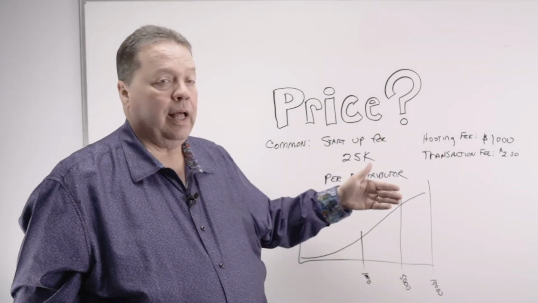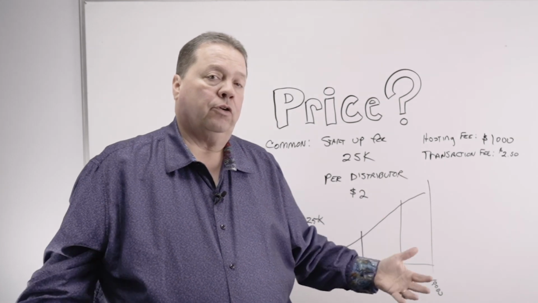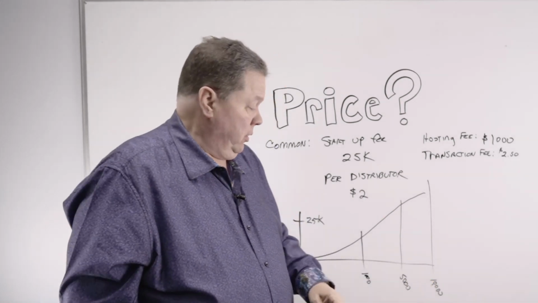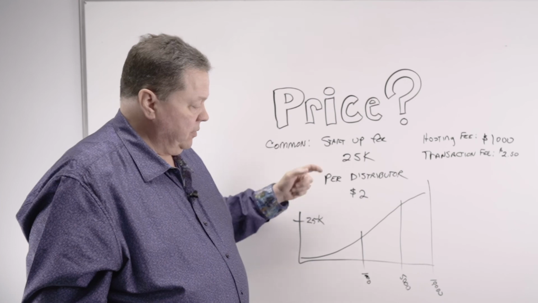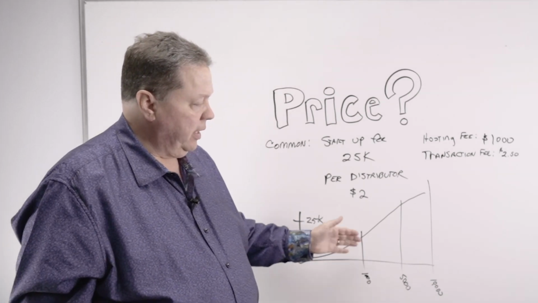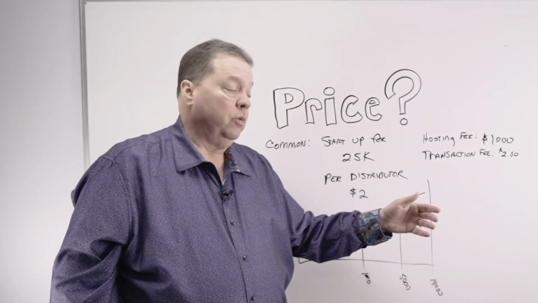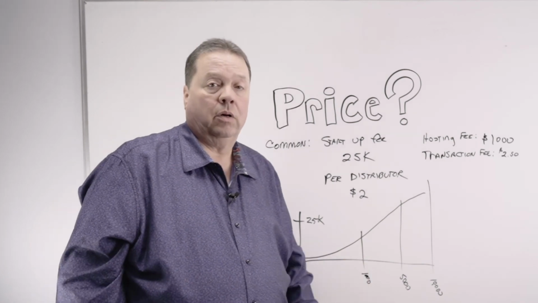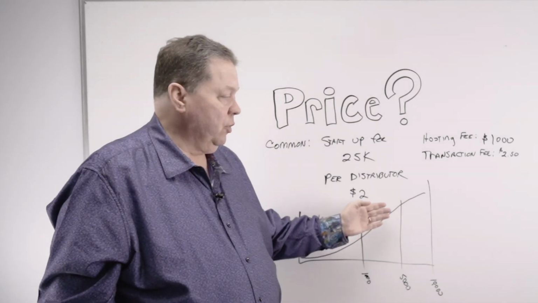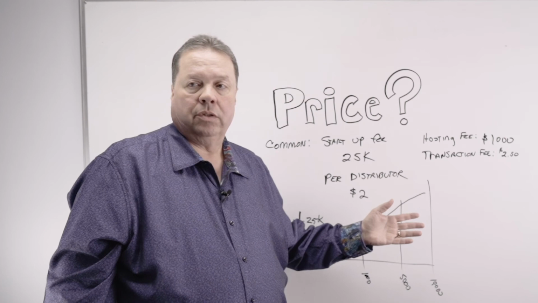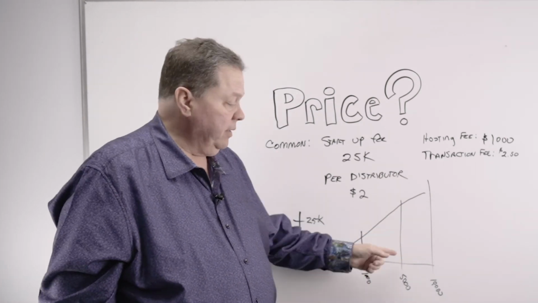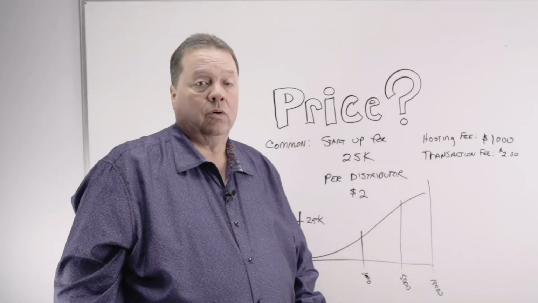What is your annualized cost going to be? What do you think your growth is going to be over a year? You have to not only look at this $25,000, but also at your projected growth. Nobody's going to say they're not going to grow. You need to plan on growing to 1,000 to 2,000 distributors your first year, and then figure that cost and average everything over the course of a year.